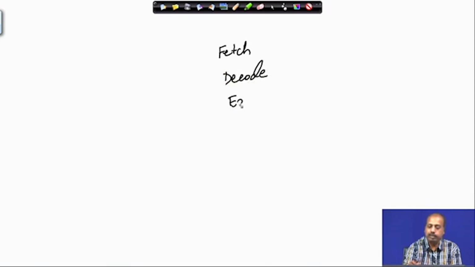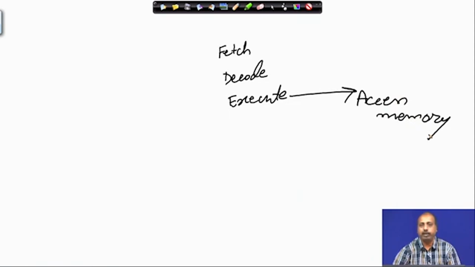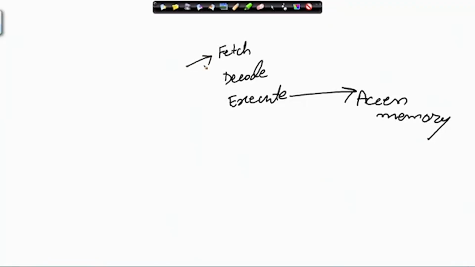Now, if this execute stage is also asking to access memory, like the instruction may be to save the content of some register onto some memory location, then this instruction will be using the memory bus. So, I cannot fetch the next instruction. So, this fetching part will be stalled.